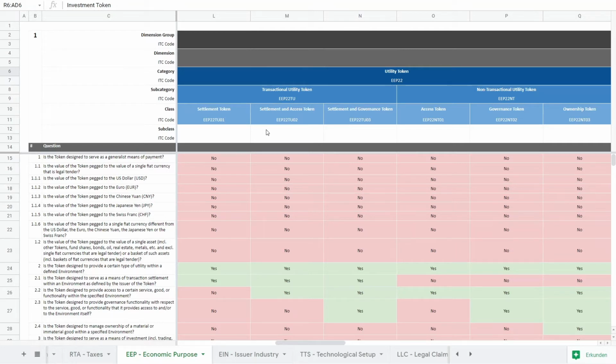And in that regard, we come to the last class of the subcategory transactional utility tokens. This is the settlement and governance token. And here we have a lot of ecosystems again, which use a certain governance procedure involving their native token. Polkadot is here a very good example, but it has now become quite common practice that many ecosystems have a governance functionality that regulates, for example, the inflation for the staking rewards.